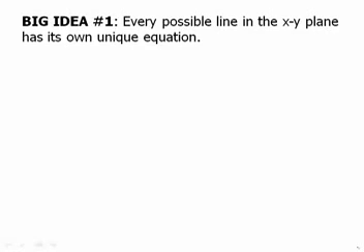So big idea number 1, every possible line in the xy plane has its own unique equation. So there's a one-to-one pairing between a unique line and a unique equation. That's a big idea. Every line has its own equation.